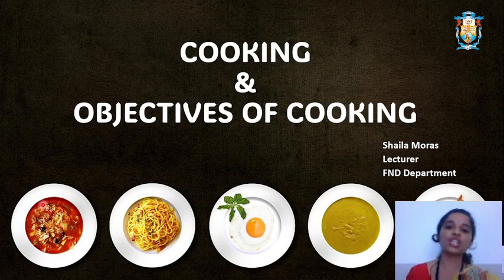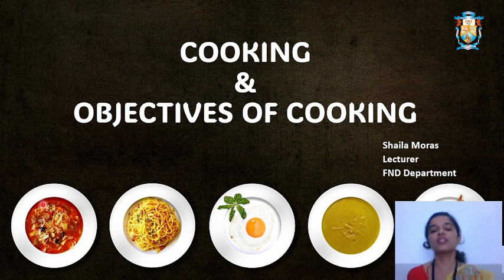There are a lot of changes occurring to the food when it is cooked, so selecting a suitable type or method of cooking is very important to get a wholesome food. There are two methods of cooking under which a lot of cooking types are classified.